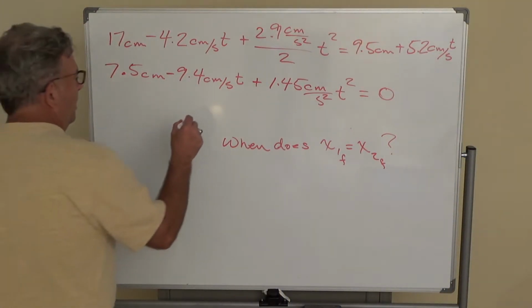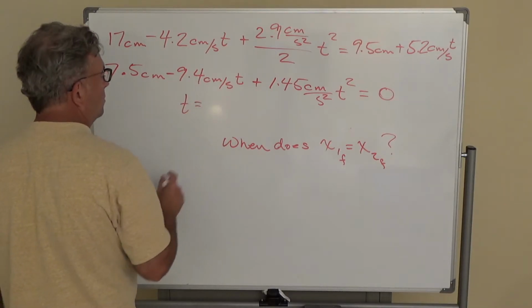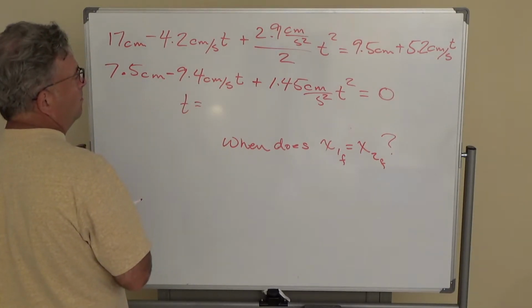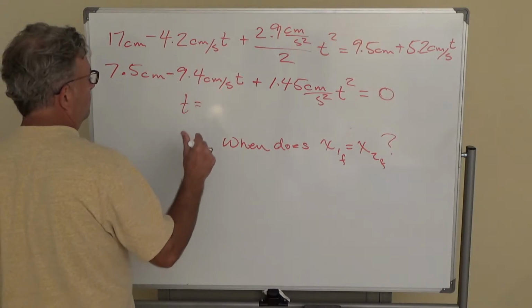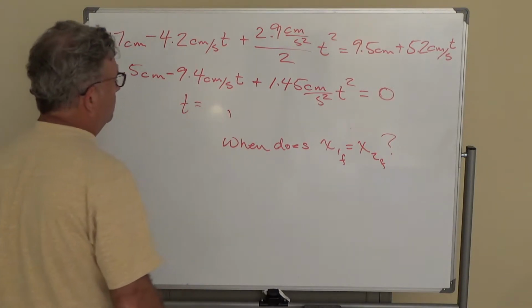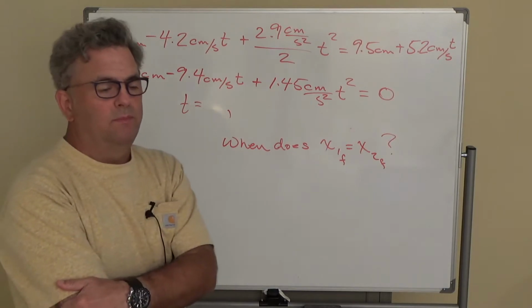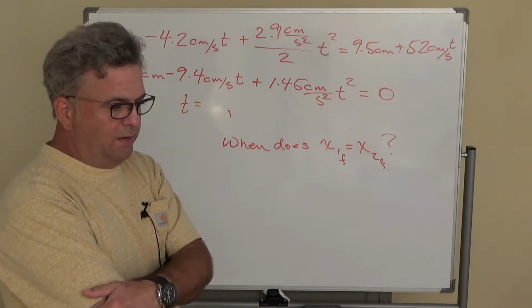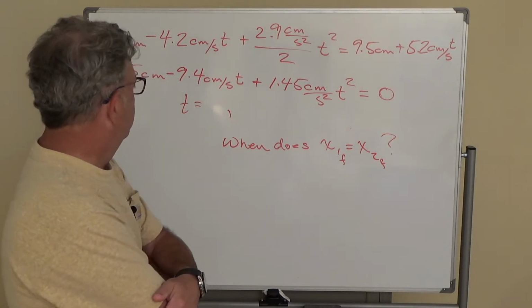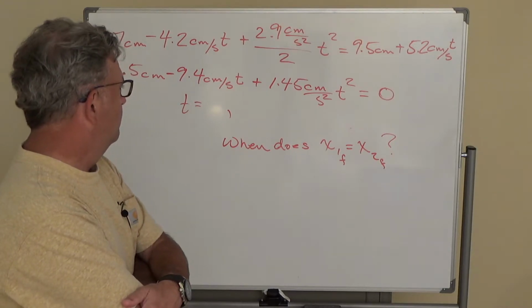Can somebody give me the answers for this? t is equal to, there should be 2 answers. Somebody's got their calculator going. I can do it, but it'd take a minute.